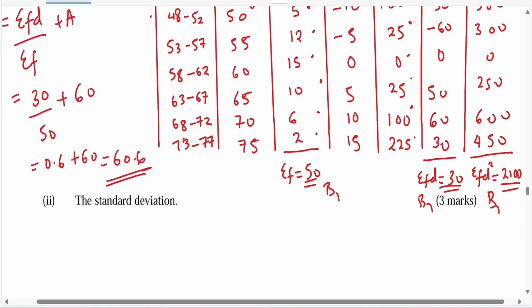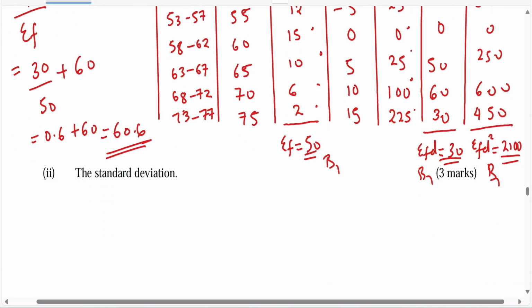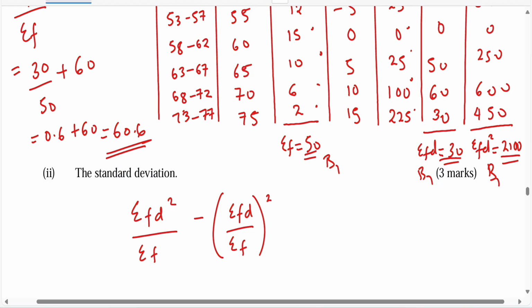So our standard deviation is usually given by sum of FD squared divided by sum of F, minus sum of FD divided by sum of F, then square, then you find the square root. So sum of FD squared we already have, we know it is 2100.